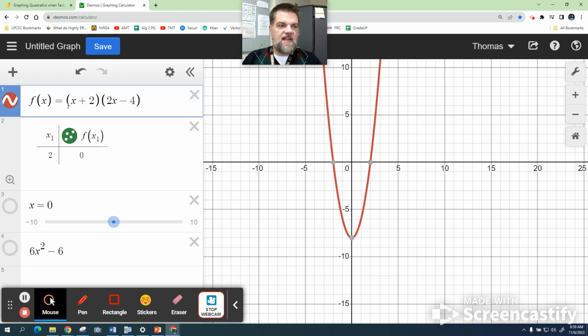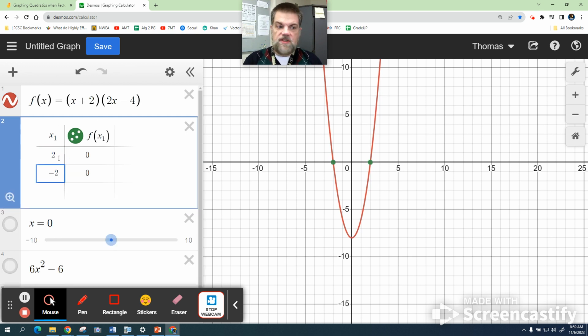And then both of these are called factors. And so we set both the factors equal to 0, right? And we see that it crosses the x-axis. That's no accident.